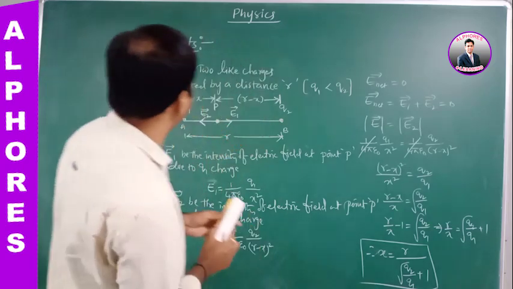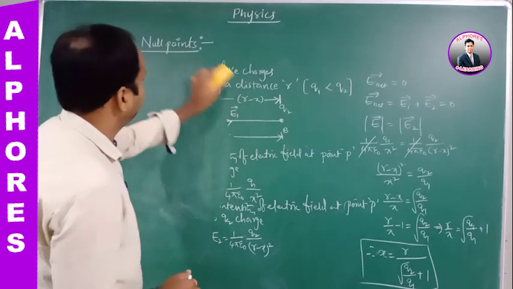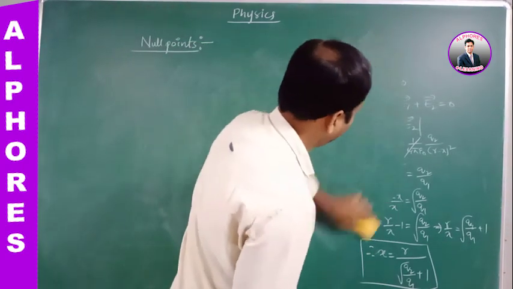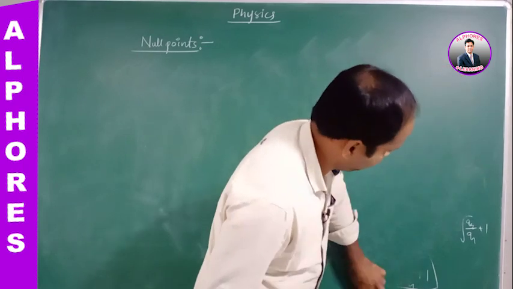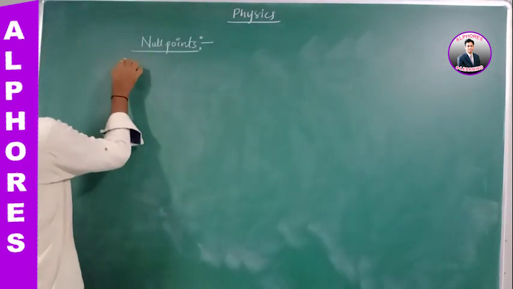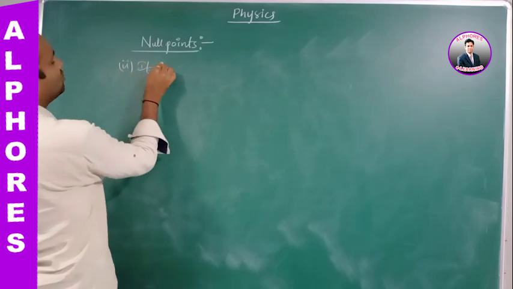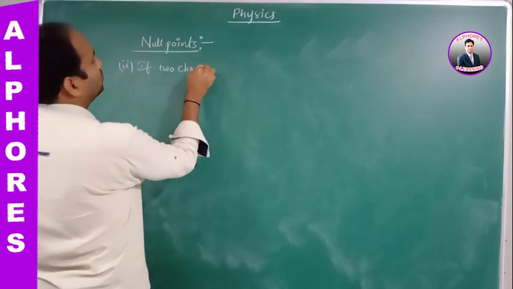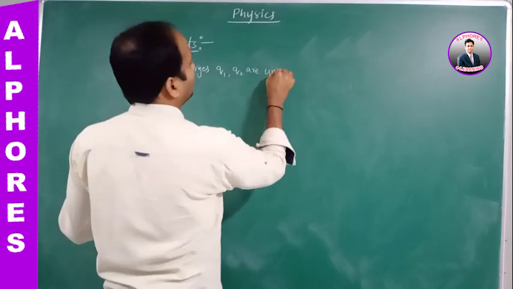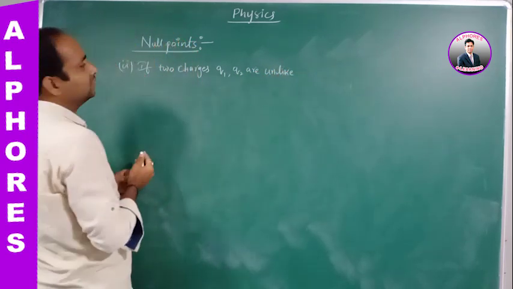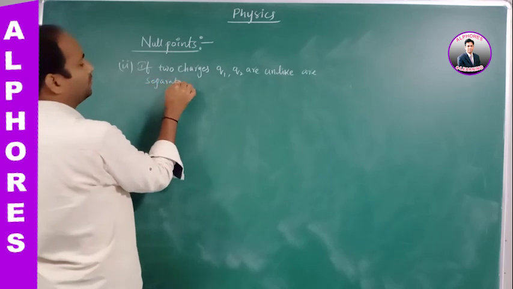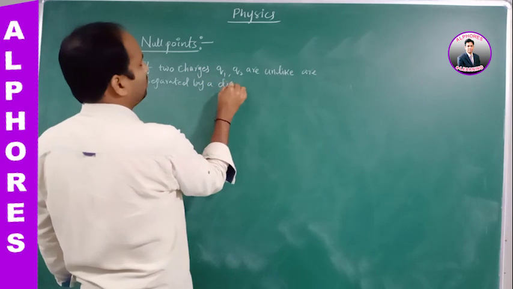Coming to the second case. If two charges q1, q2 are unlike, separated by a distance small r.